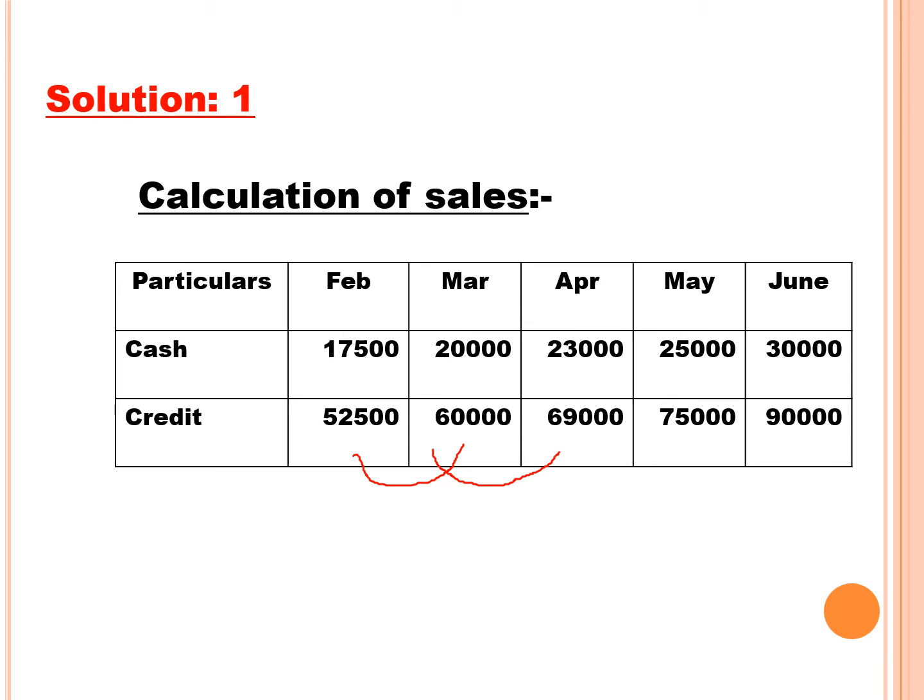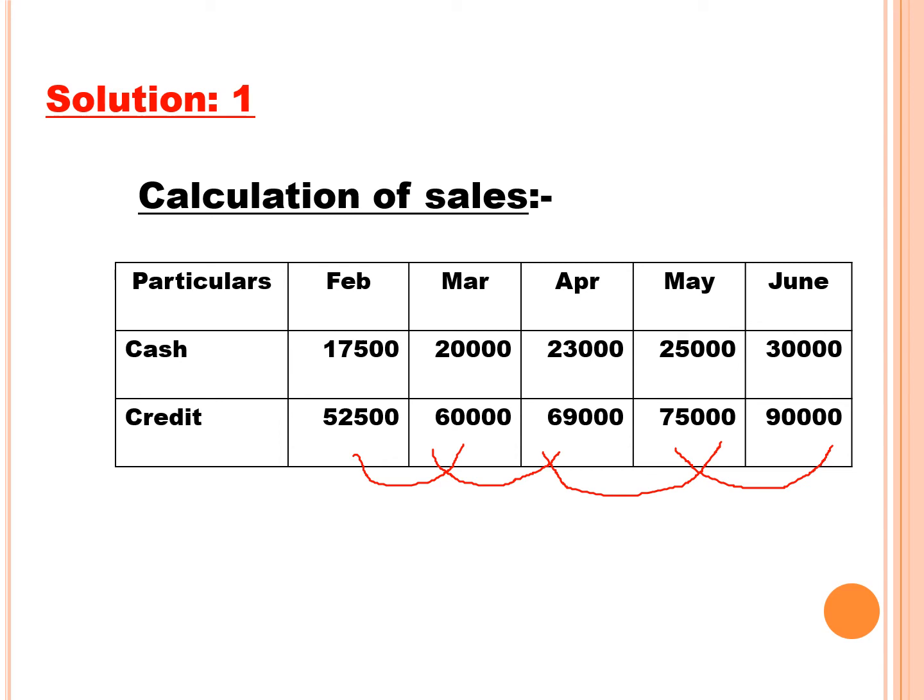I mean, 52,500 will be received in March. 60,000 will be received in April. 69,000 will be received in May. 75,000 will be received in June. June will be received in July, so we are not bothered.